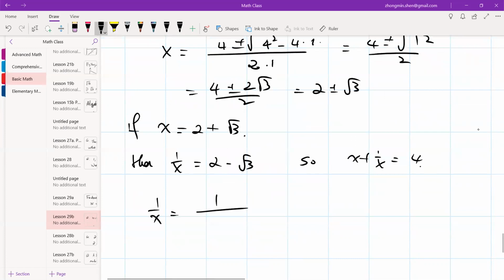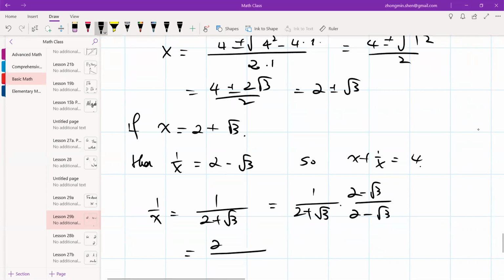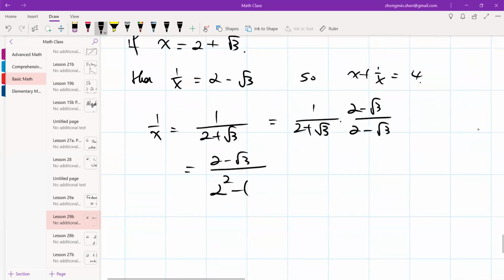Because 1 over x is going to be 1 over 2 plus square root 3. Now, how can I change it? The trick is to multiply by the conjugate. The denominator is going to be 2 squared minus square root 3 squared, which is 4 minus 3, which is 1.